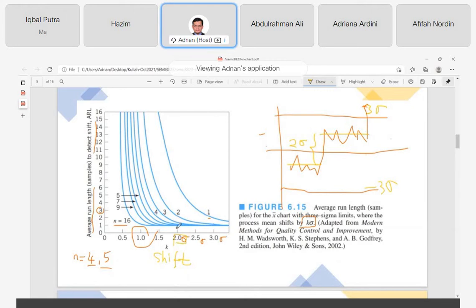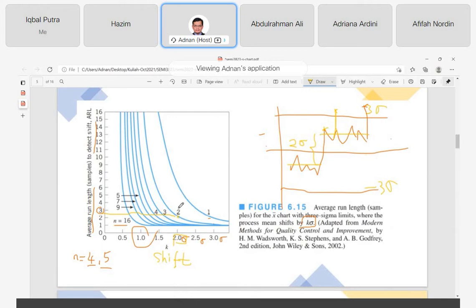So what I'm comparing is, if I use n equal to 2, the first time I will detect is a point at 2.5 here. On average, it is considered quite fast.